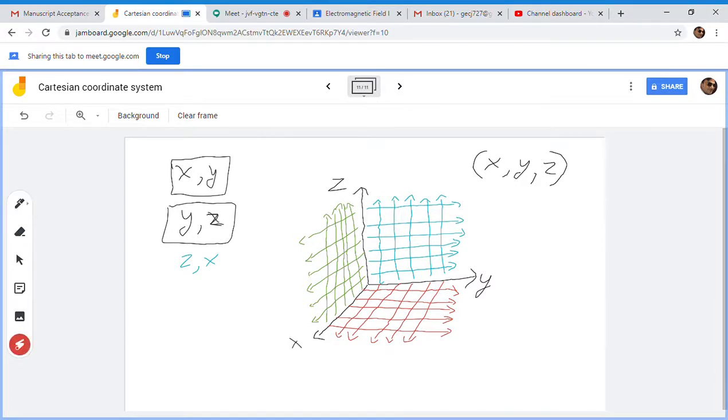So this plane is your XZ plane, this is your XY plane, and this is your YZ plane. Okay. Now let us talk about the cylindrical coordinate system.